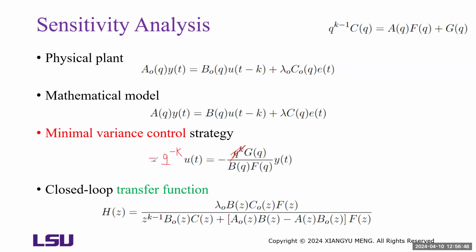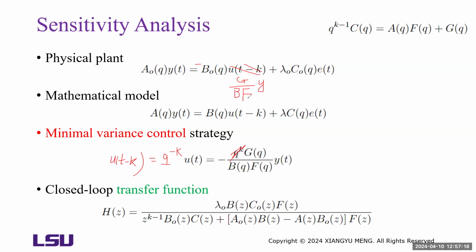Then we know this is u(t minus K). Then the u(t minus K) will be negative G over B F times y(t).